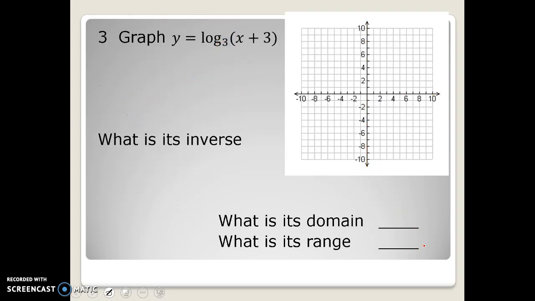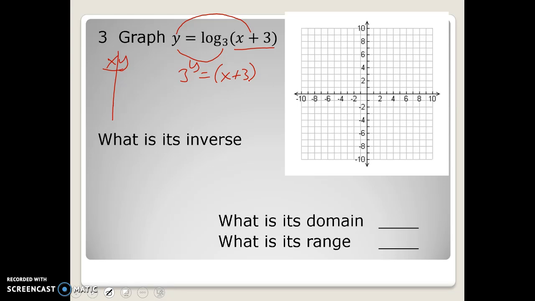So what happens when we add something inside the parentheses here? Like before, I'm going to go ahead and make an x and y chart here. But as you know, in the past, let's rewrite it as 3 to the y equals x plus 3. And so now it's in exponential form, and I want to graph this equation.